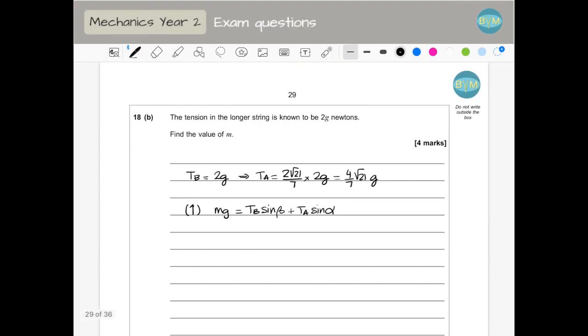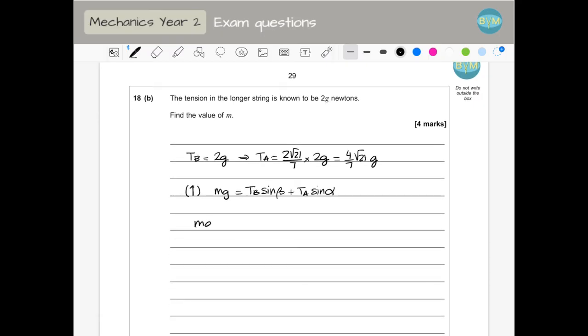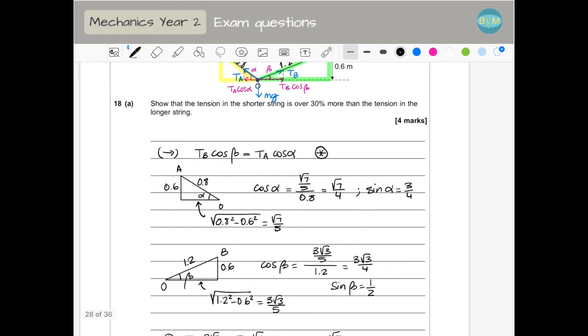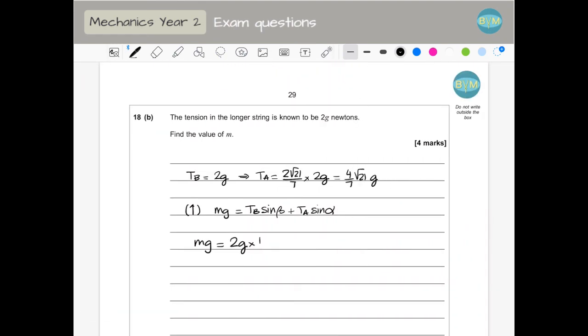So I have that mg is TB, which is 2g, times sine beta, which we say is 1/2, plus TA, that big number, g, times sine alpha, which is 3/4, times 3/4.